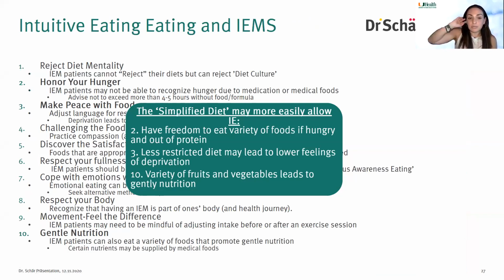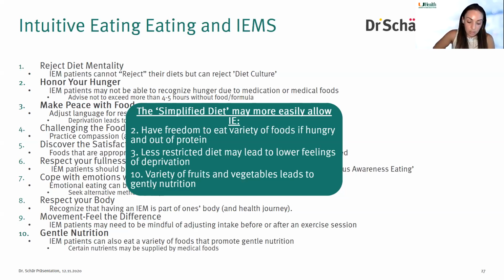As far as the principles of intuitive eating and inborn errors of metabolism, again, much of this I mentioned. With the first principle, for IEM patients, we're not asking them to reject their dietary treatment. It's rejecting diet culture.